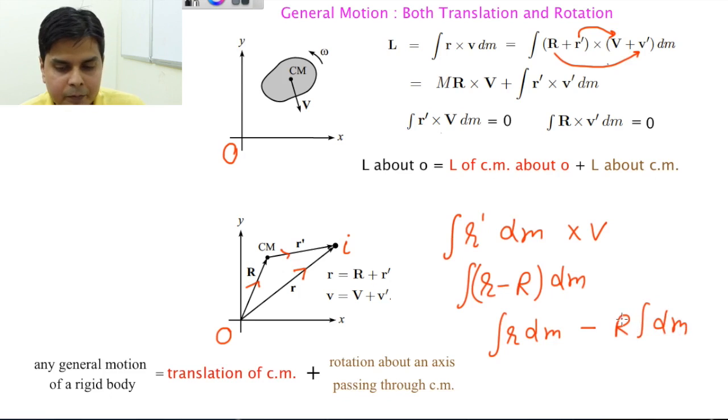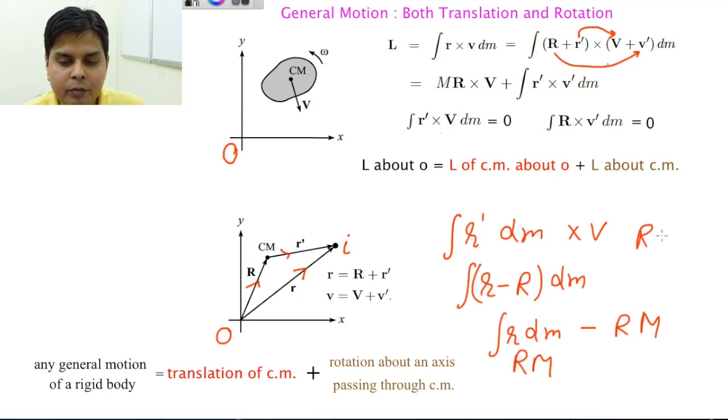I can write it as capital M. And what is integral r dm? This is R M, because the formula for the position vector of center of mass is integral r dm by capital M. So integral r dm will be R M, so this is R M minus R M, which will be 0. So this is very simple. This r prime dm has to be 0.